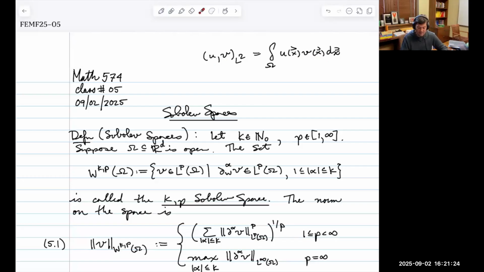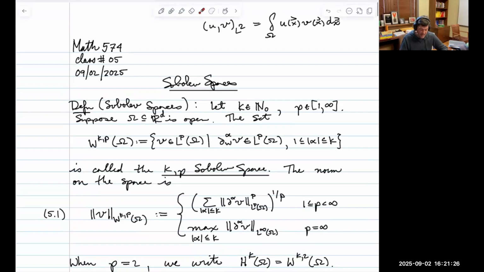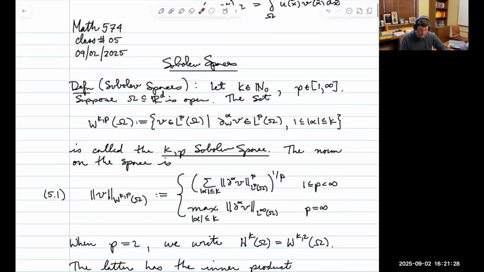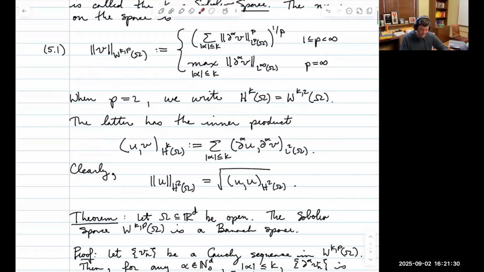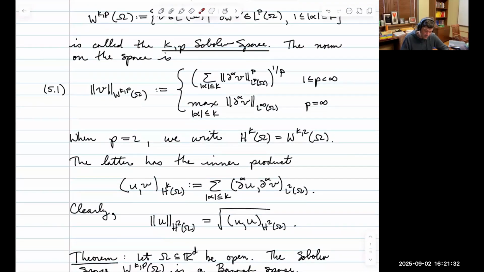And if I take the square root of that, that becomes the norm. The same thing happens in the Sobolev space setting. What I'm doing here is I'm adding up the inner products of all the pairwise derivatives of u and v, up to and including the order k derivatives, taking the L2 inner product of each one of those. And if I want to get the norm, what I do is I take the square root of those.